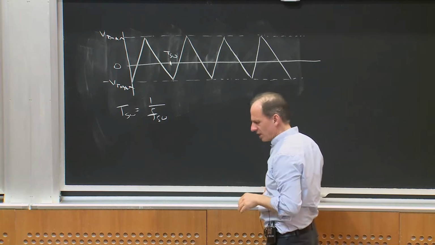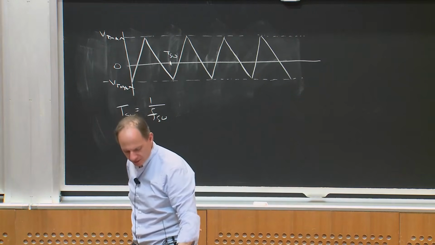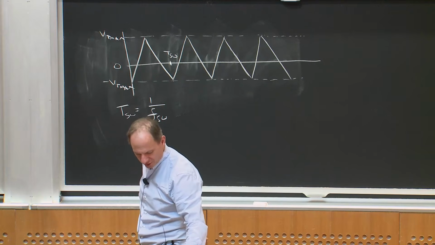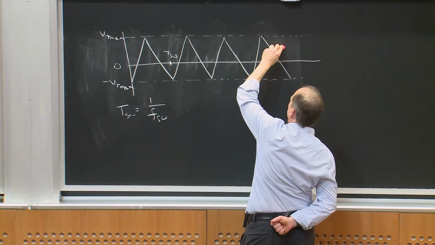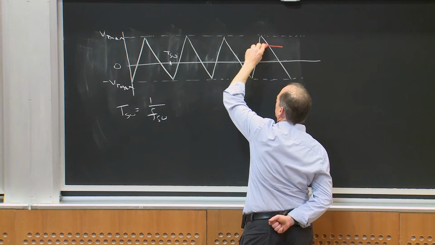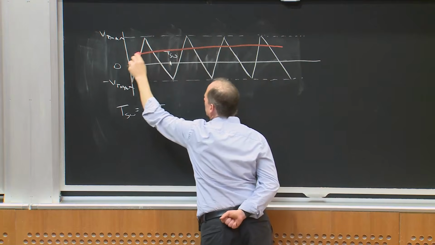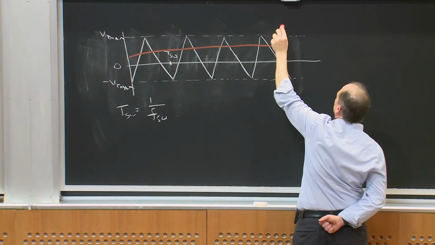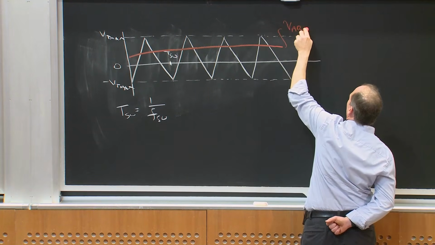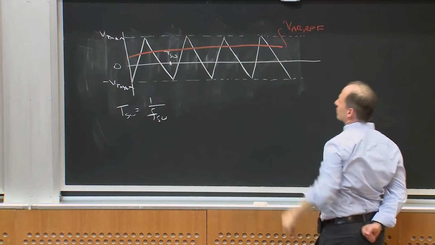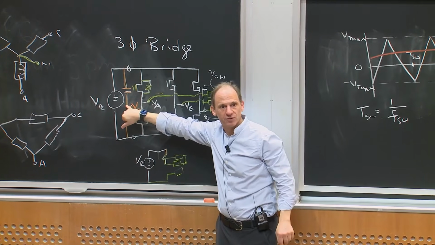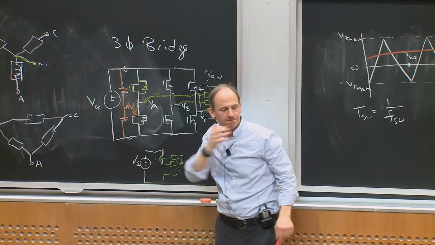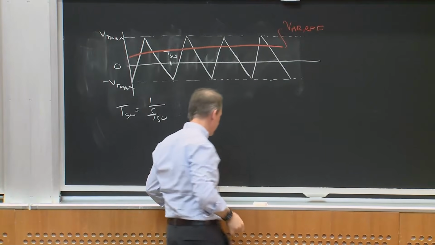And then what I could do is create a signal, I'll call this VAR ref. This is the reference voltage to which I want, within a switching cycle, VA to follow with respect to the reference. Okay? So what would I do? I'd then put this into a comparator, right?